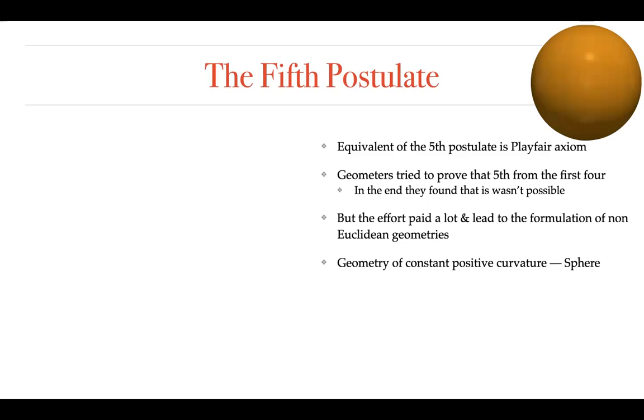But as I will show in the forthcoming slides, it is not true in the case of, for example, a sphere or other geometries. This example was known for a long time, but it took some time to be discovered, about the 1850s or 1860s.